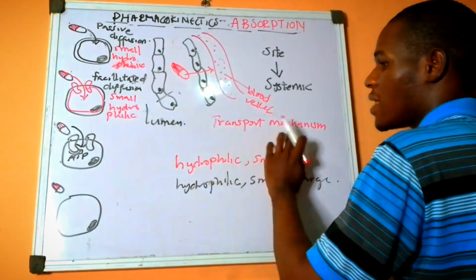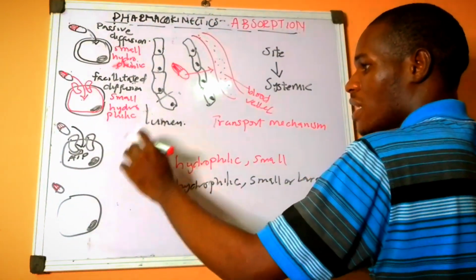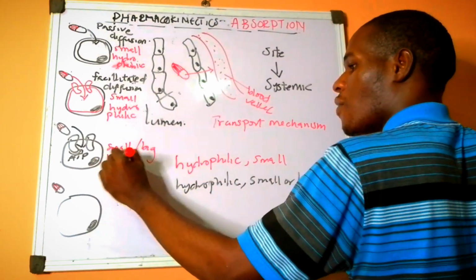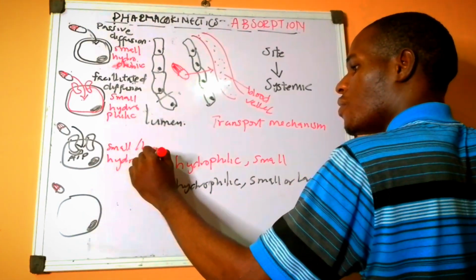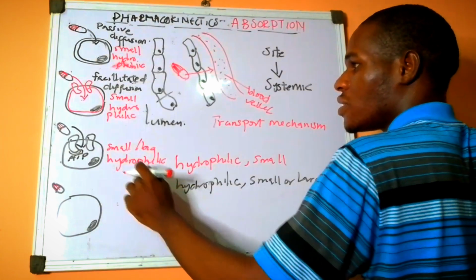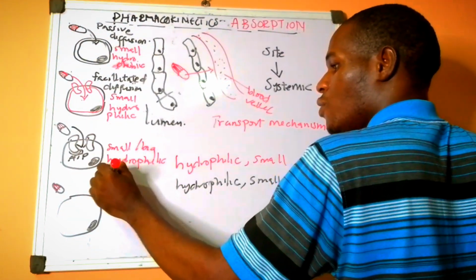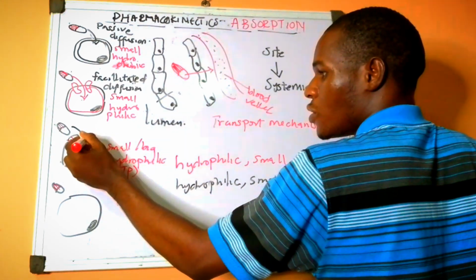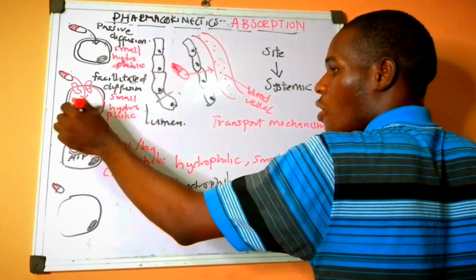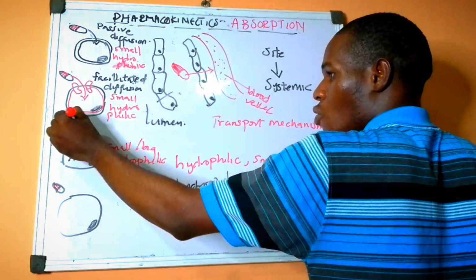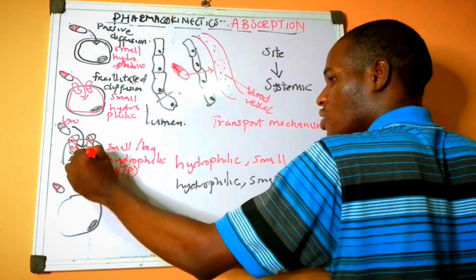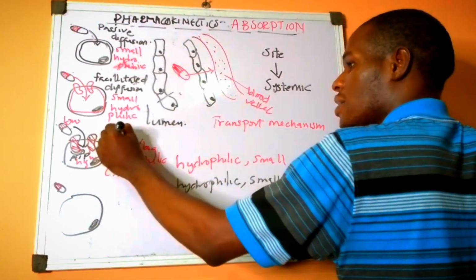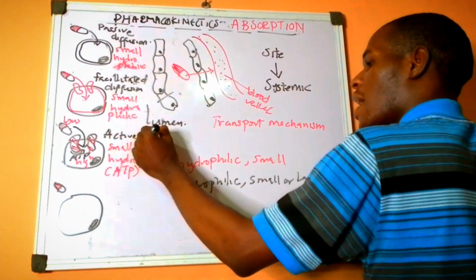This type of transport mechanism is called active transport. So they may be small or big, and they are, of course, hydrophilic, water loving. We know that ATP here is used as energy, with carrier proteins to transport the drug against its concentration gradient. That means from lower concentration to higher concentration. This particular transport is called active transport.